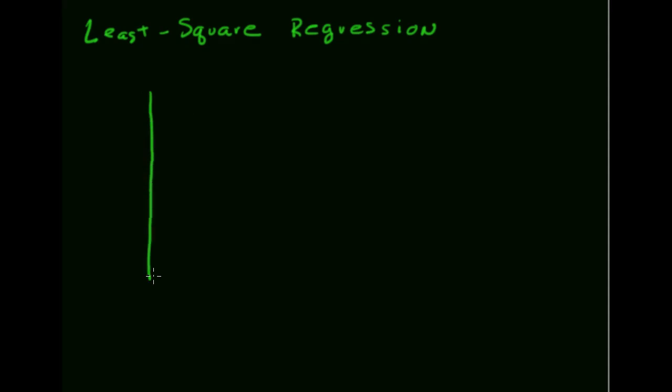Okay, so we're going to look at a set of notes on what is called the least squares regression. Okay, so imagine that I have a scatter plot, and here's my data points.